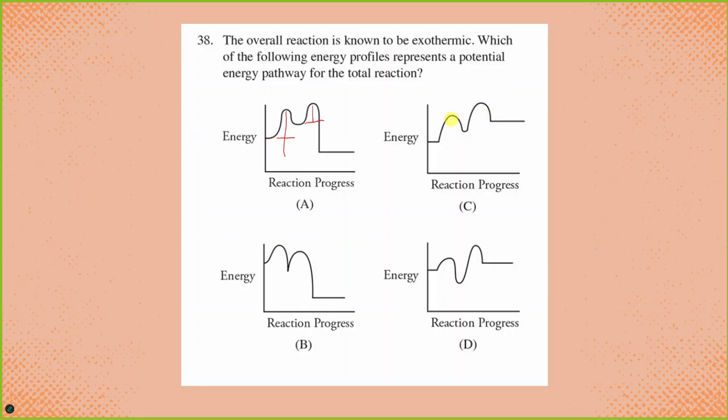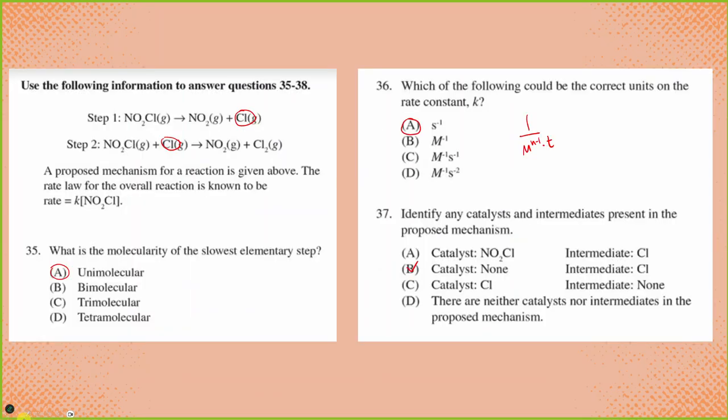These ones look about the same to me, really, and these ones too. This one's a little bit shorter. This one's definitely shorter, so D is out. But I don't remember if they gave us information on whether this is exothermic or endothermic.